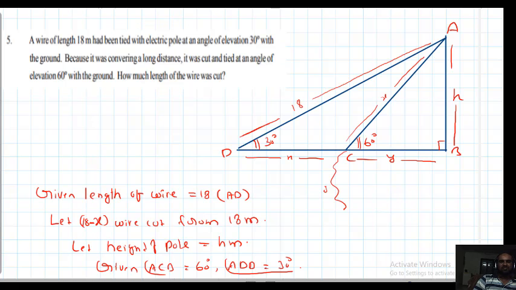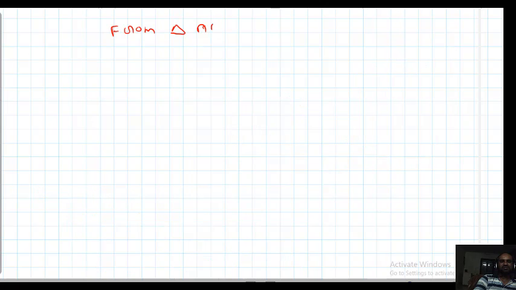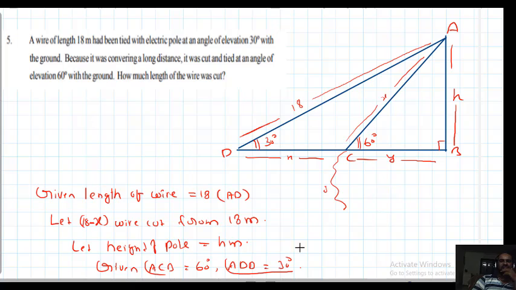From triangle ABC. Observe, students. x you want, h you want, you don't want y or z. Just you want the relation between x and h. That's why sin 60 I want.